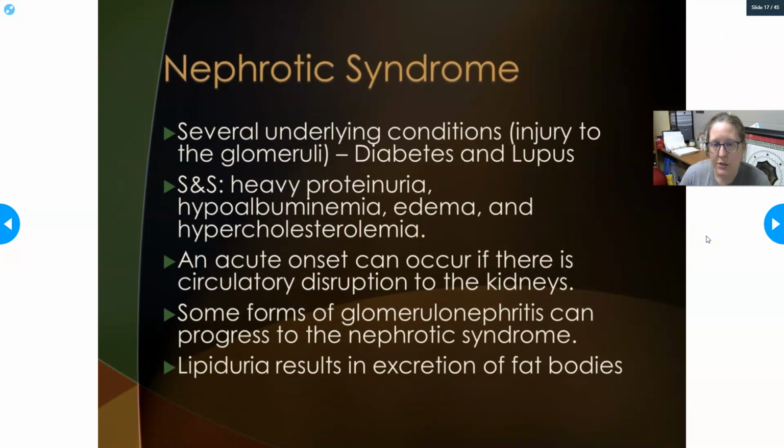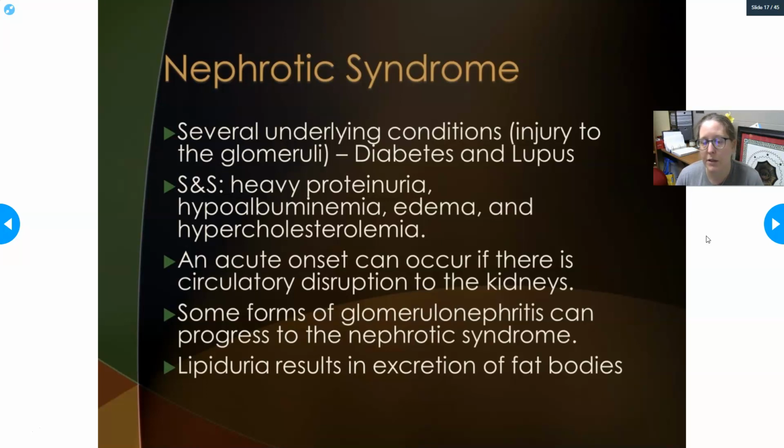Now, nephrotic syndrome has several underlying conditions. It is usually due to injury to the glomeruli, but diabetes and lupus are the two most common underlying conditions for nephrotic syndrome. The signs and symptoms are going to be a heavy proteinuria, so that protein in urine is like 3+. Hypoalbuminemia, meaning not enough albumin in the blood because it's all leaving the body and going into the urine.